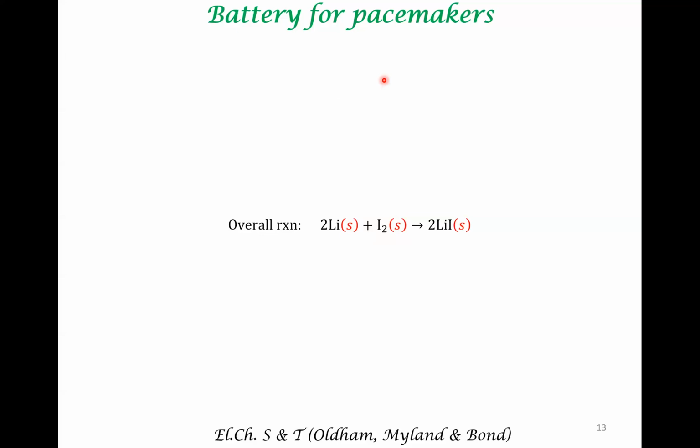So there are a few things I wanted to convey in this lecture. One is that some of the different classes of primary batteries were elucidated. The second aspect I want to convey is the variety of battery chemistry.